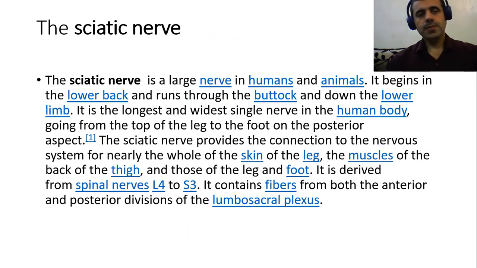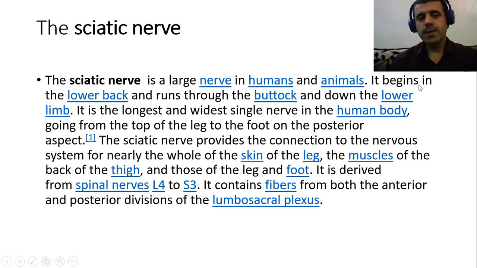Now we will talk about another major nerve of the lower limb, which is the sciatic nerve. The sciatic nerve is a large nerve in humans and animals. It is one of the largest nerves of the human.